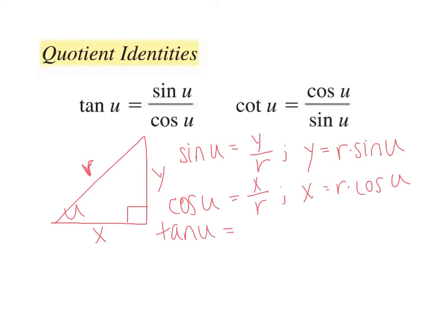Tangent u is your opposite over adjacent, so that's going to be your y over x. And using the substitutions we made up above for y and x, we're going to have r times sine u over r times cosine u.